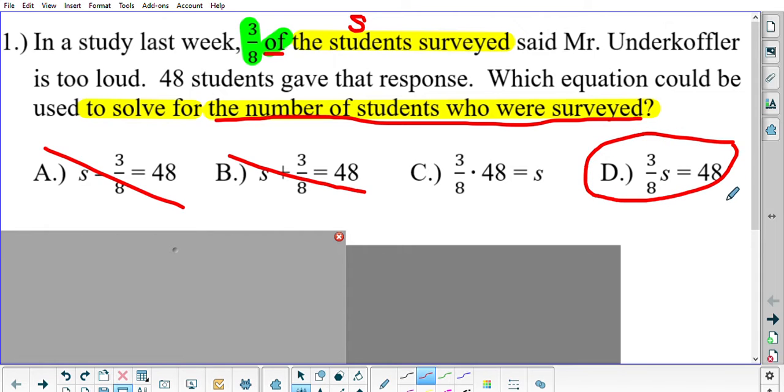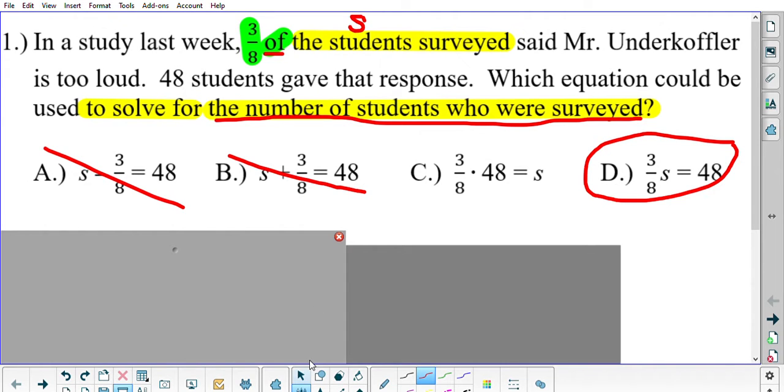It is choice D. Because choice C has 3/8 times 48. That's not what the first sentence said. The first sentence said 3/8 of the students surveyed, and the students surveyed is our variable. And that's why it's 3/8 times S. And then that would equal the 48 students who gave the response that they gave of Mr. Underkoffler being too loud. How dare they?